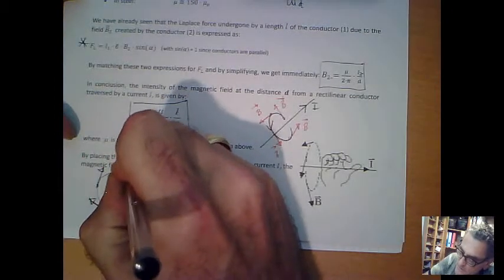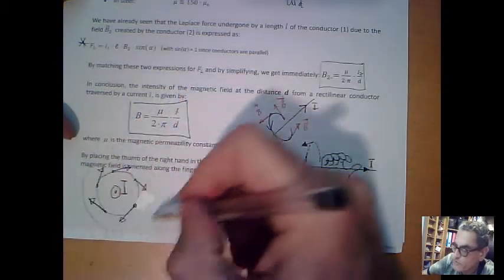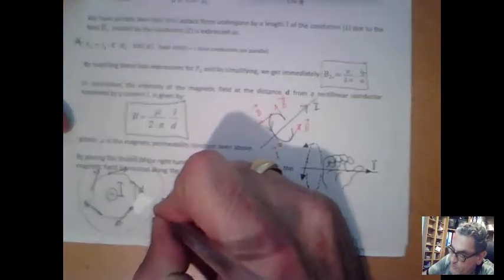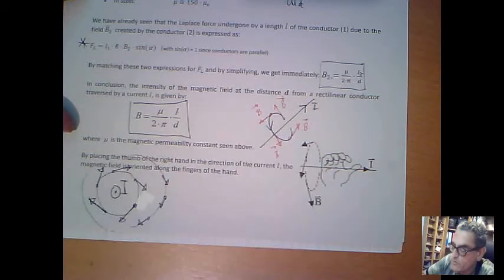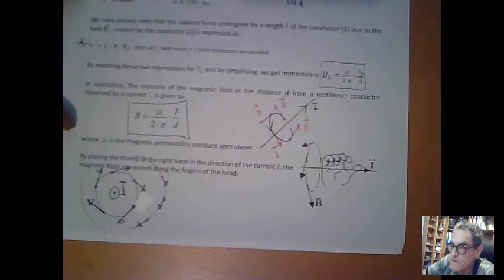Like this, right? And if I do a circle which is a bit further, then the values of the magnetic field are going to be smaller. The intensity is going to be smaller, but the arrows are still going to be tangent to the circle.